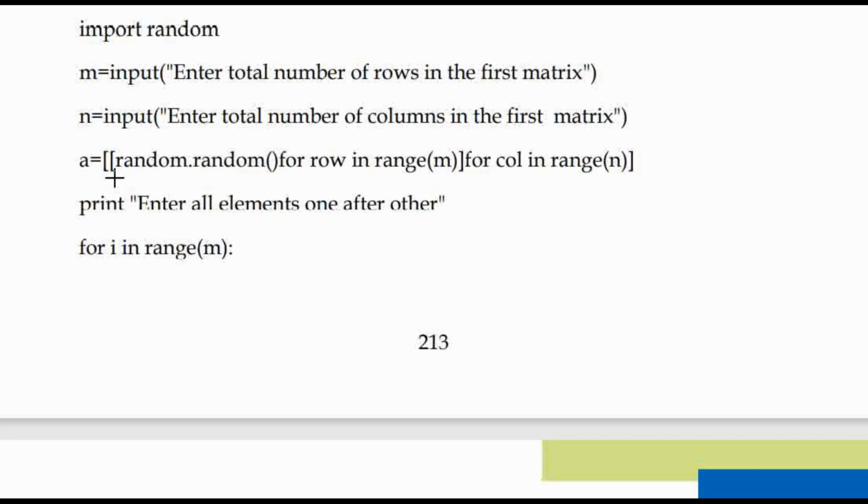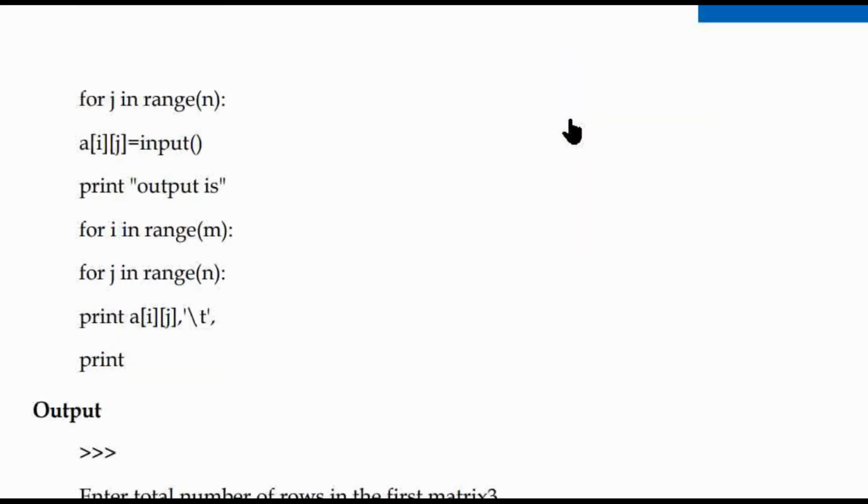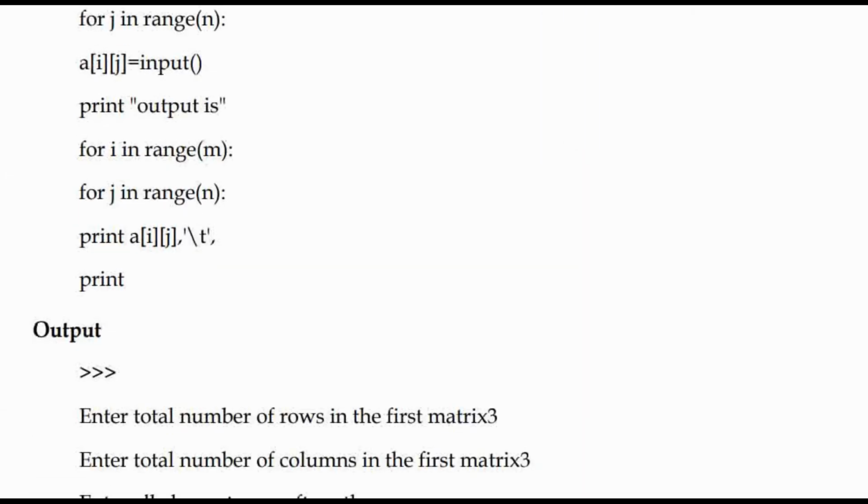A is equal to random.random function for row in range M, for col in range N. Print, enter all elements one after other, for I in range M, for J in range N, A[i][j] equal to input function, print output.